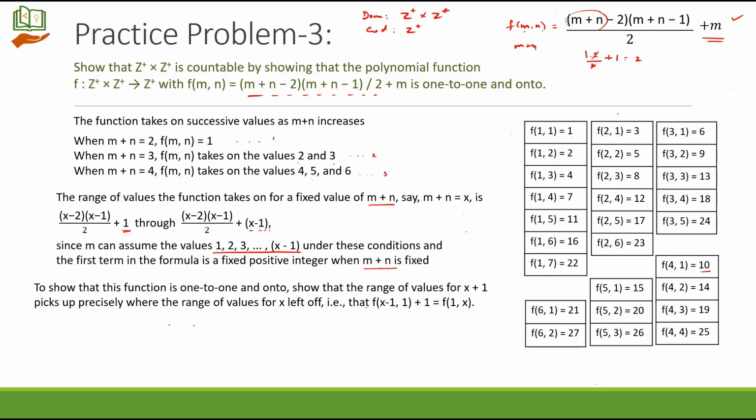To show that this function is one-to-one and onto, show that the range of values for x plus 1 picks up precisely where the range of values for x left off.